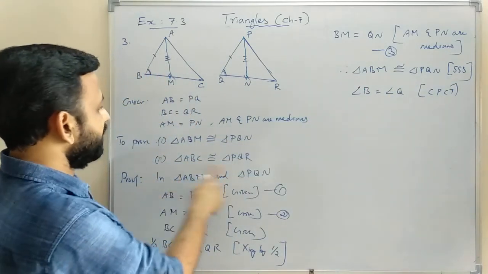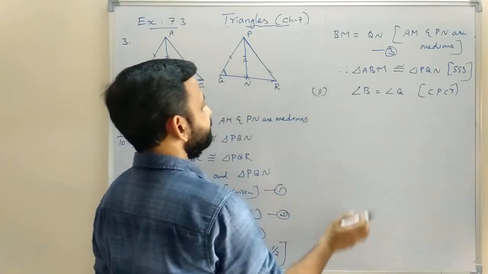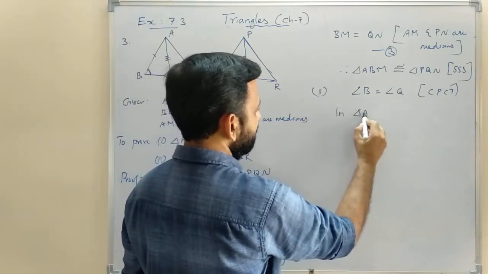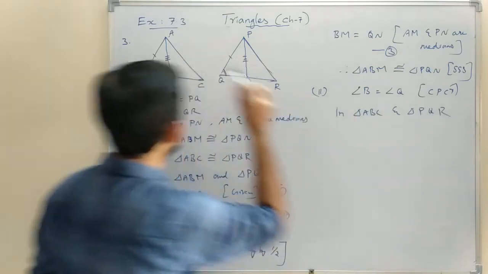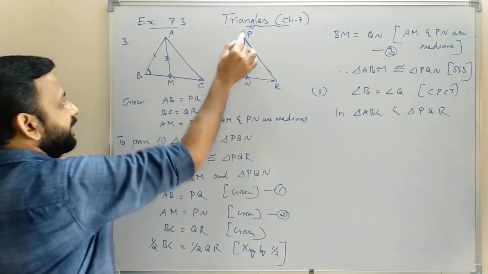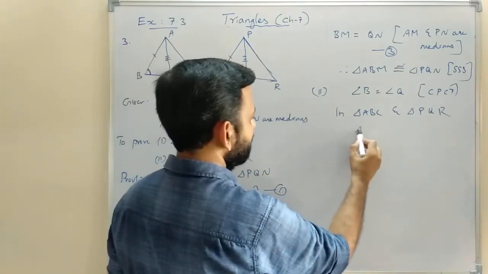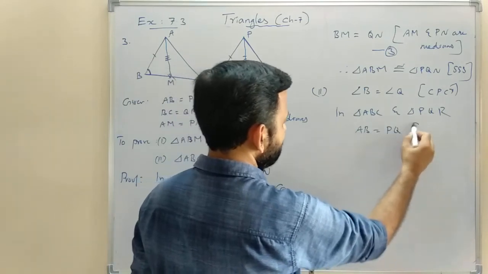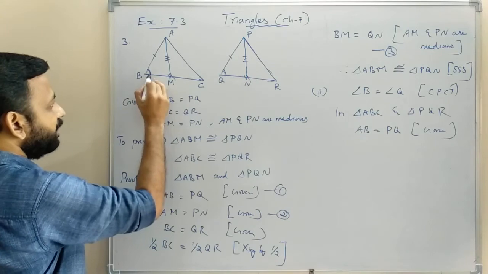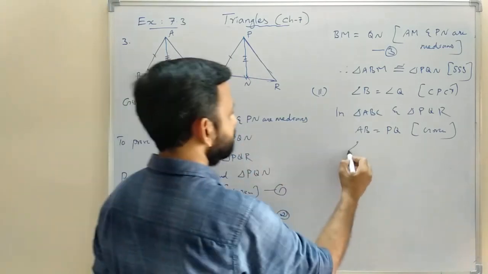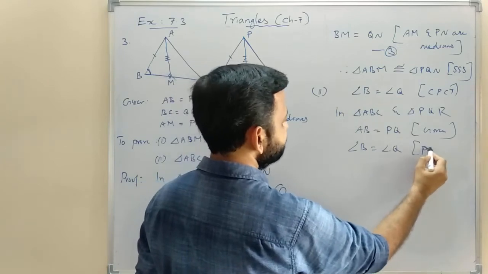We have to prove triangle ABC congruent to triangle PQR. So here we start the second part. In triangle ABC and triangle PQR, AB equal to PQ, reason: given.